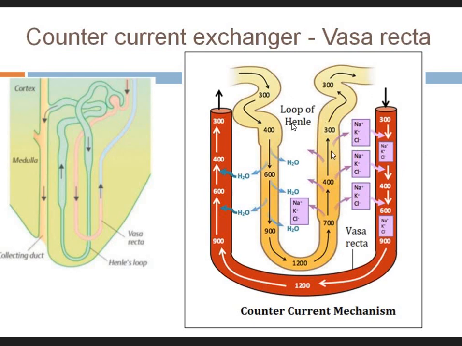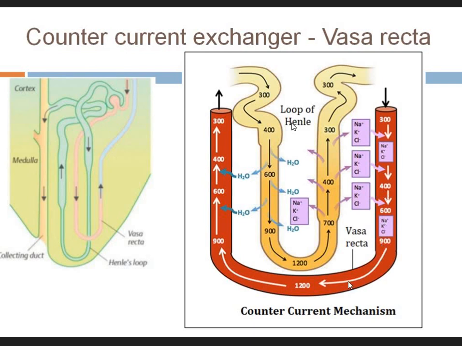Okay, so what is it doing? You can see here that this is the thick ascending segment of the loop of Henle, and we all know that sodium chloride and potassium are reabsorbed in these portions. So the amount is more here, and vasa recta is going to take it up. So these solutes are going to go inside the vasa recta at this portion.